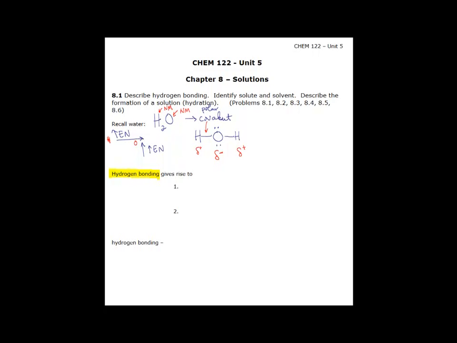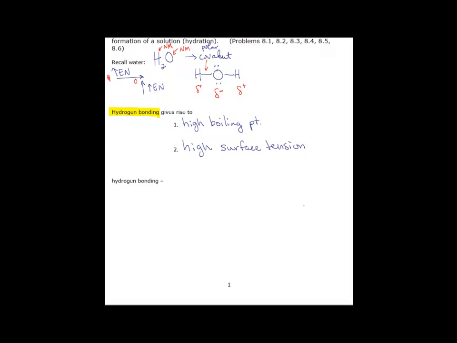So hydrogen bonding gives rise to a high boiling point, and high surface tension. So, those bugs that walk on water, they wouldn't be able to walk on water if it weren't for water's hydrogen bonding. Very, very unique. So, what exactly is hydrogen bonding? Well, it's not polar covalent bonding. It's not covalent bonding. It's beyond that.